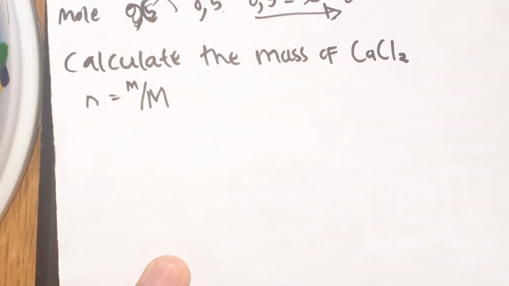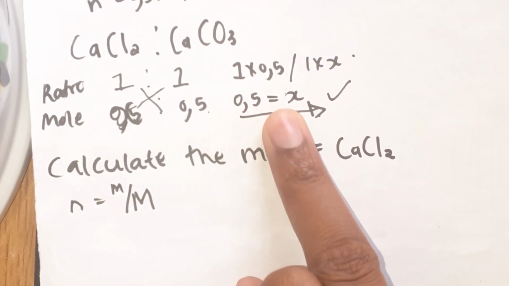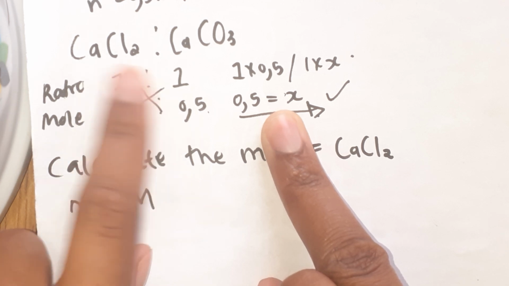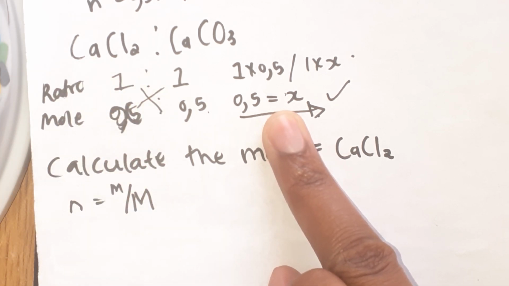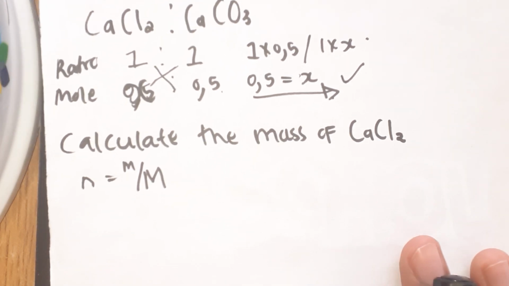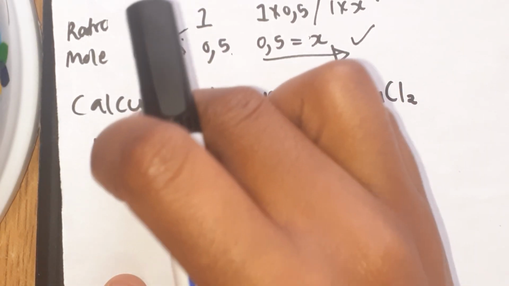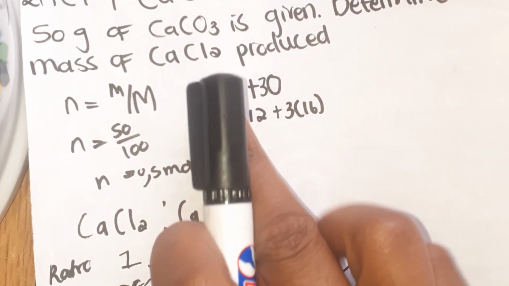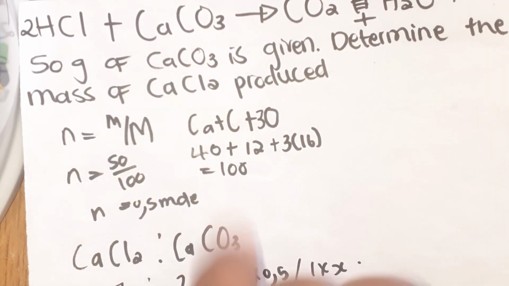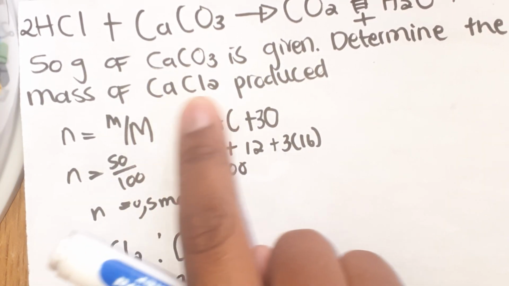You can ask yourself, why do we need this while it's so easy to calculate the mass of this thing just by going to the periodic table and checking its molar masses? That is not the mass we're talking about. The mass that we want here is the grams one. We are given 50 grams of this one. Now we want the gram percentage of this one.